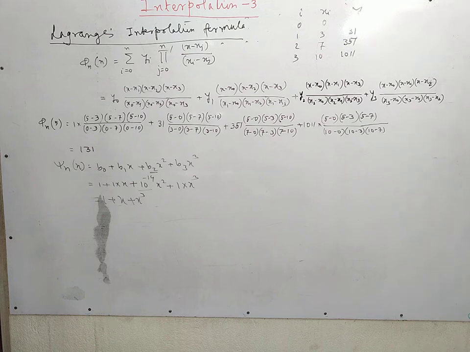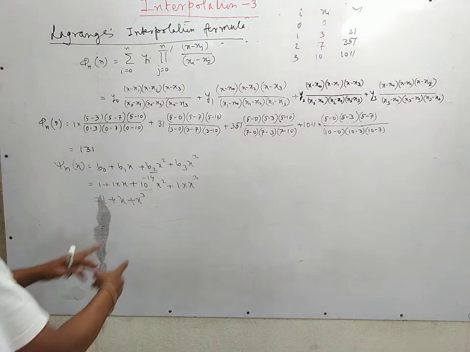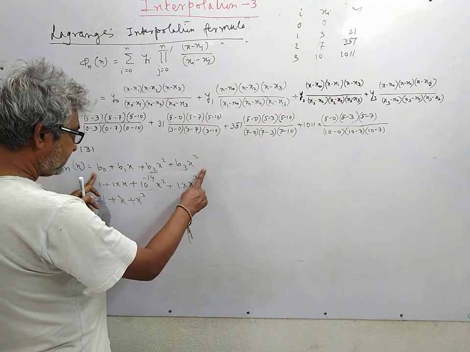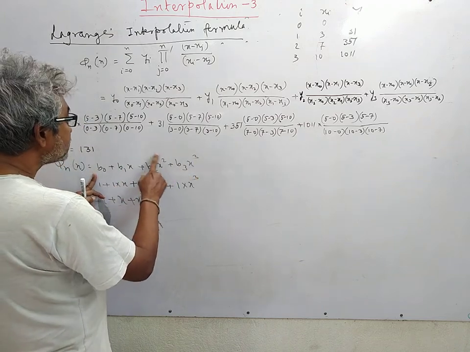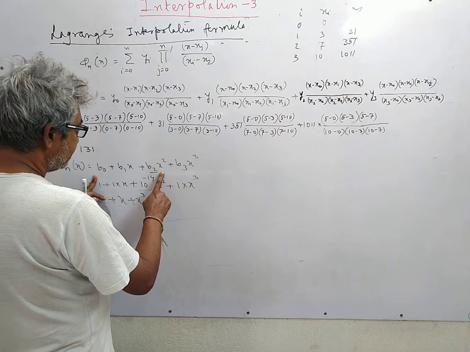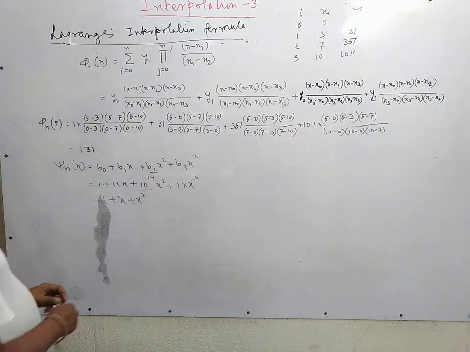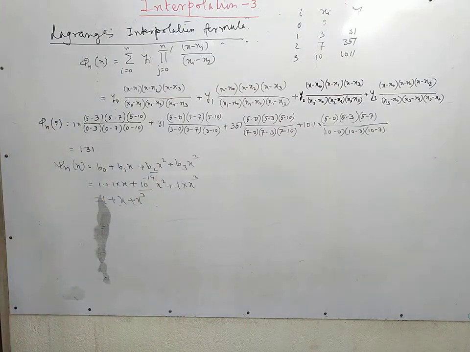Even if the x square term were in the range, the calculation shows it is insignificant. If we collect the coefficients of powers of x in Lagrange's formula, it will also lead to zero values for the given set of data.